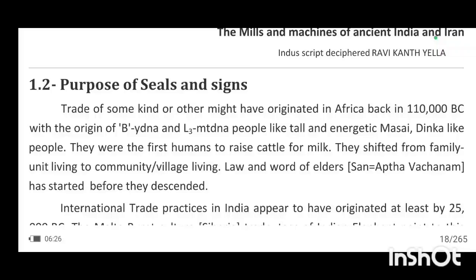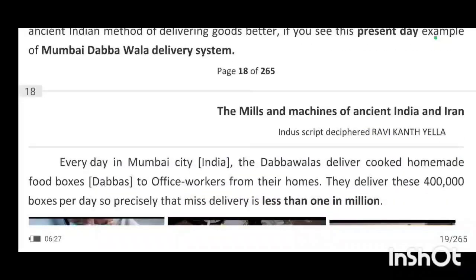The purpose of seals and signs is to deliver a parcel to a particular person 5,000 to 10,000 kilometers away by uneducated porters, boatmen, cart drivers, like that.